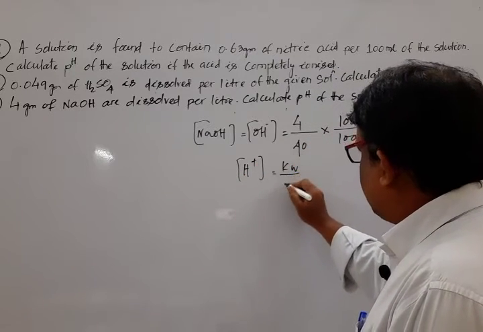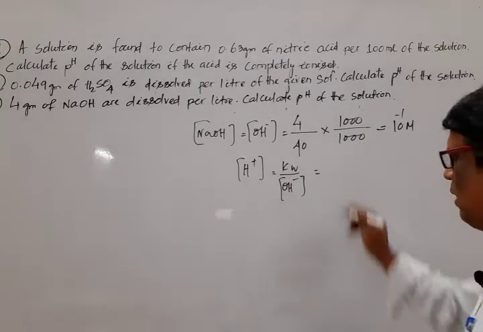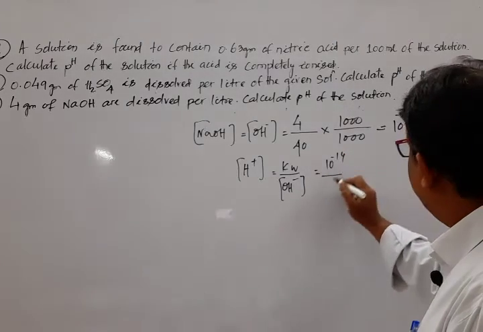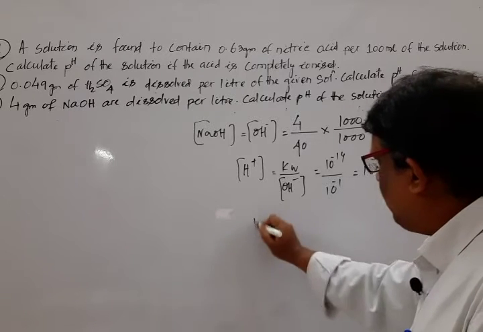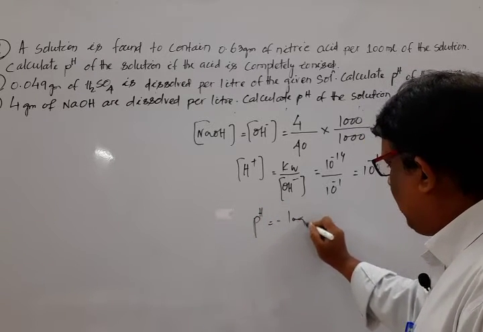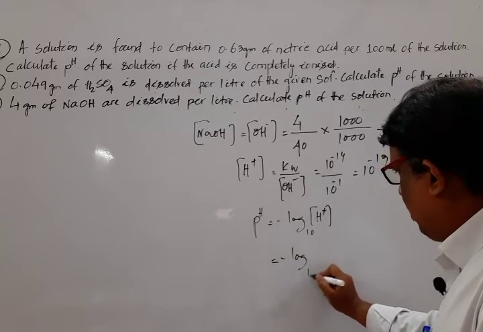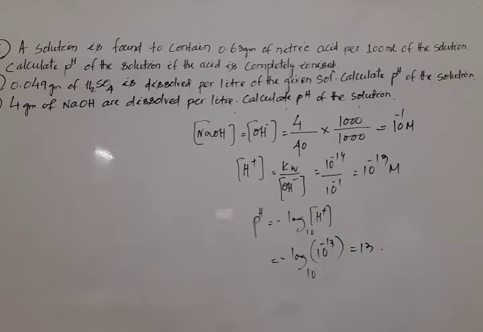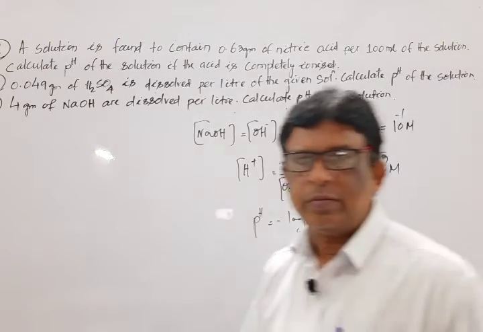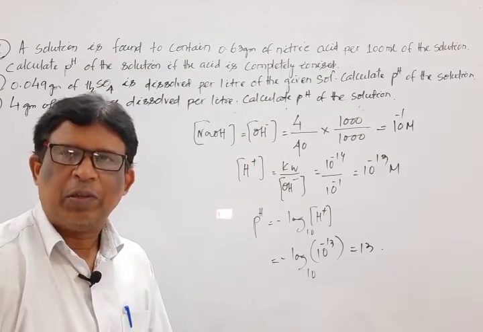We know H plus ion concentration, if OH minus is given, is Kw by OH minus, that is 10 to the power minus 14 by 10 to the power minus 1, that is 10 to the power minus 13 M. So pH is equal to negative logarithm of H plus ion concentration, negative logarithm of 10 to the power minus 13, which is equal to 13. So pH of the sodium hydroxide solution is equal to 13. Okay, good. Move to the next question.